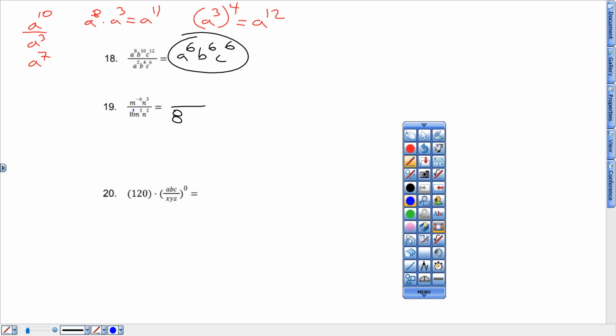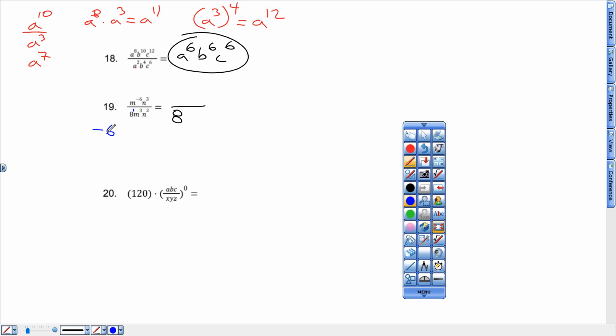But the m, this is tricky. You got negative 6, and you have 3. What's negative 6 take away 3? Top power minus the bottom power. Am I doing 6 minus 3? You're doing the top number minus the bottom number. We're doing the m number.